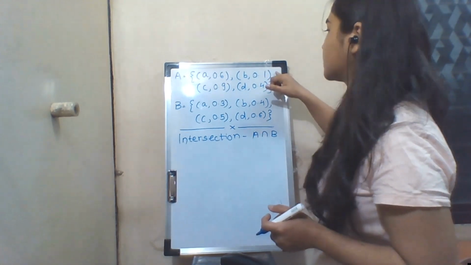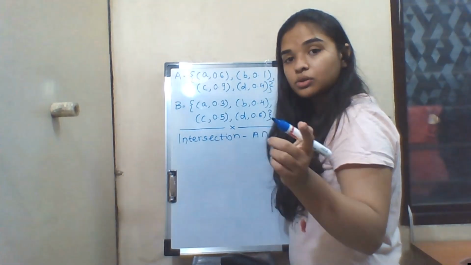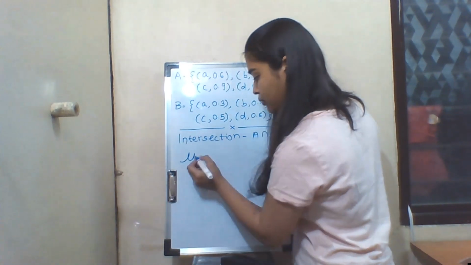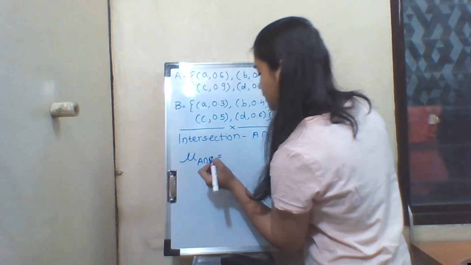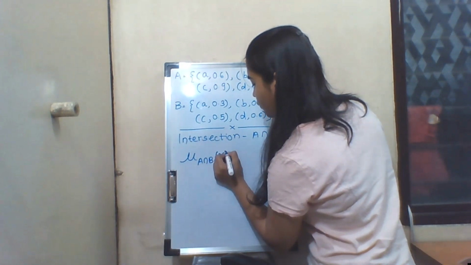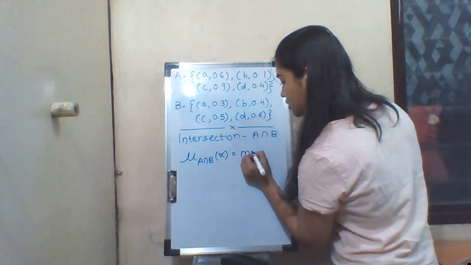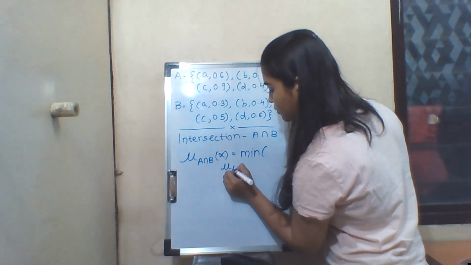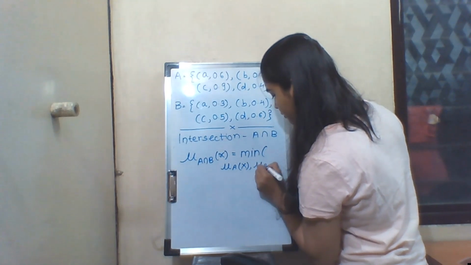But here we have to consider the degree of membership of that element. To deal with that, we have a formula: mu of A intersection B for a particular element x is equal to the minimum of mu of A of x, comma, mu of B of x.